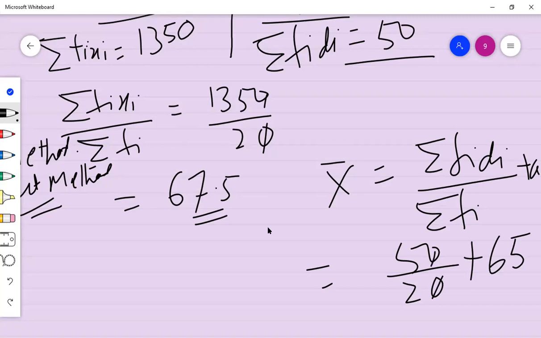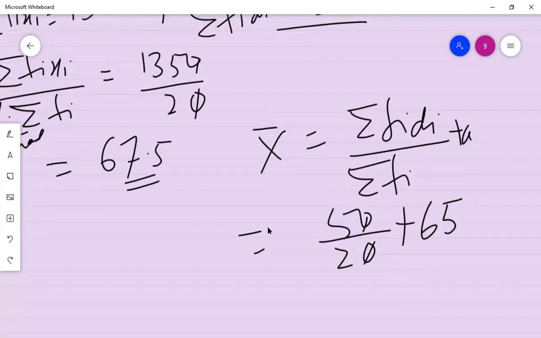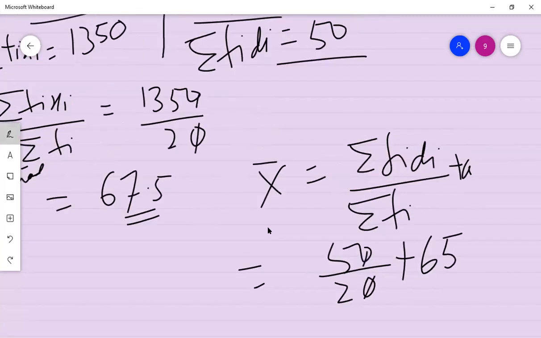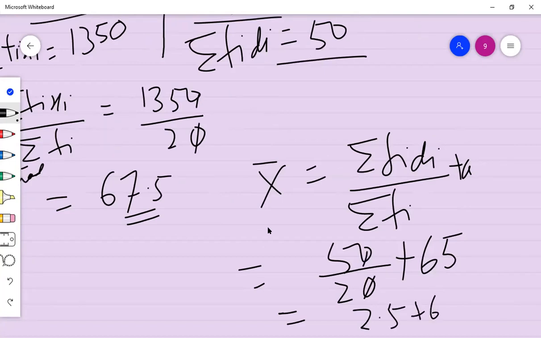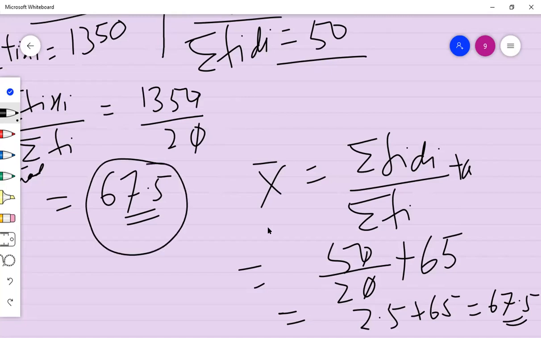So what is the mean now? Mean is 2.5 plus 65, which comes to 67.5. Previously we had got the same thing. So this is the second method to find the mean.